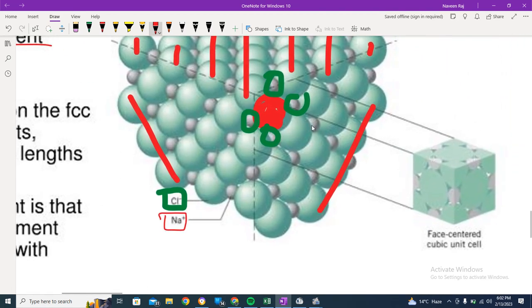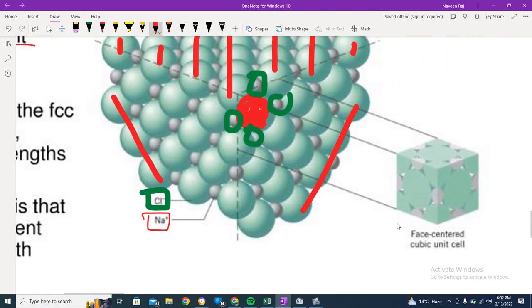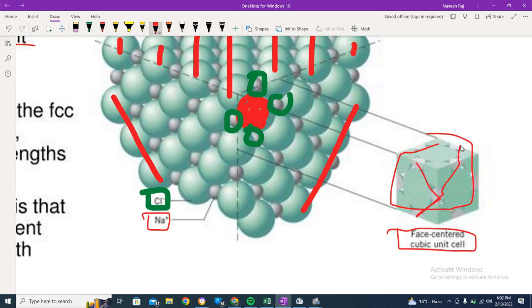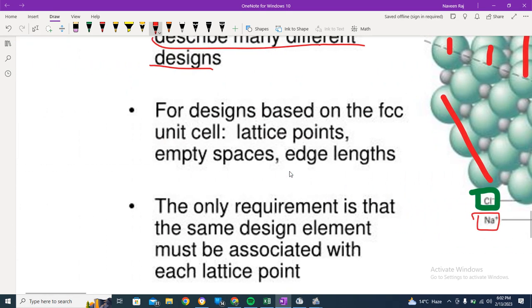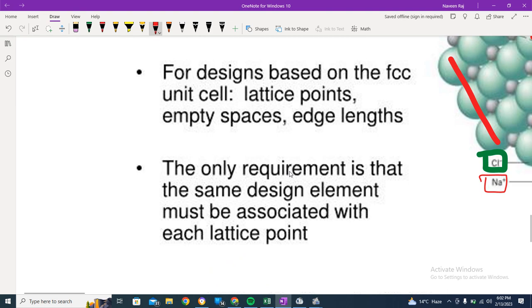Again, you will see a face centered cubic unit cell. Now when you open this, a single part of it, if you have taken out a cube, you'll find that there is a particular geometry, and the shapes are all interconnected and just repeating throughout the crystal. Let's move forward, you will understand it shortly.